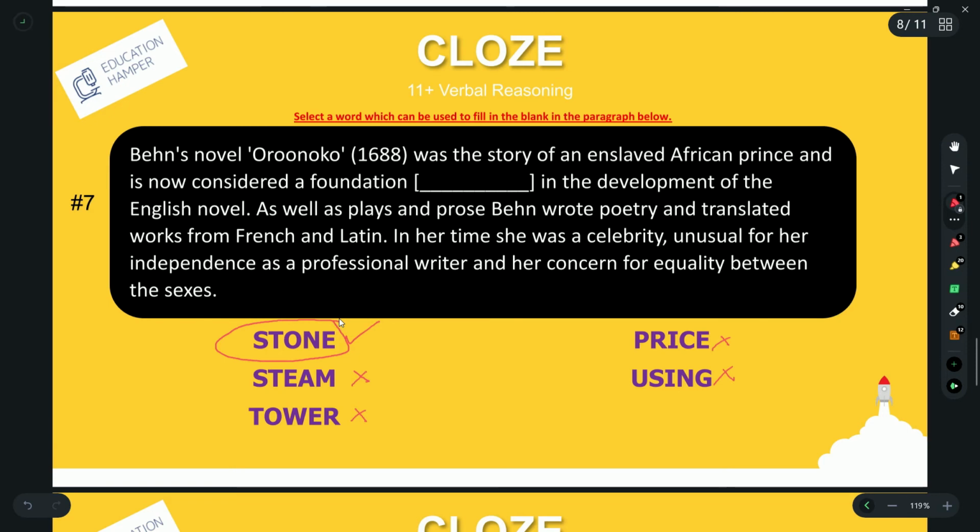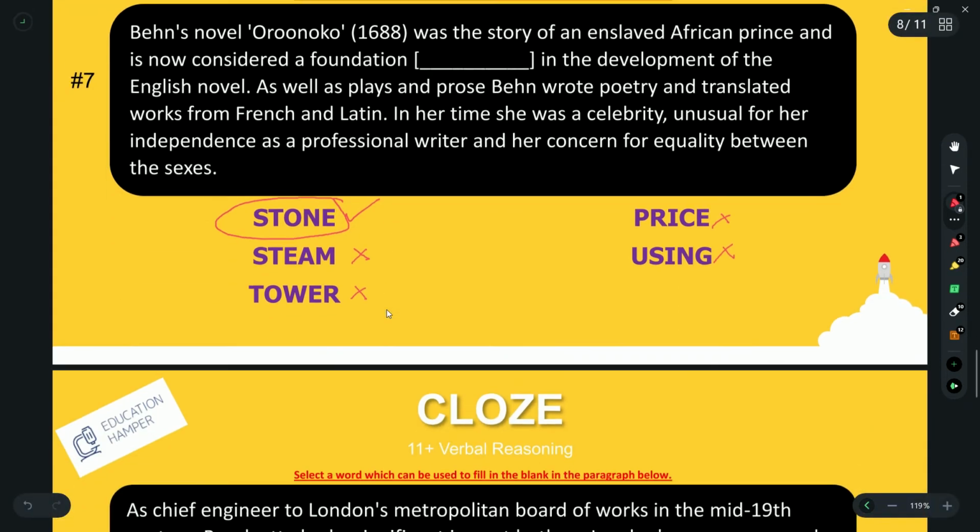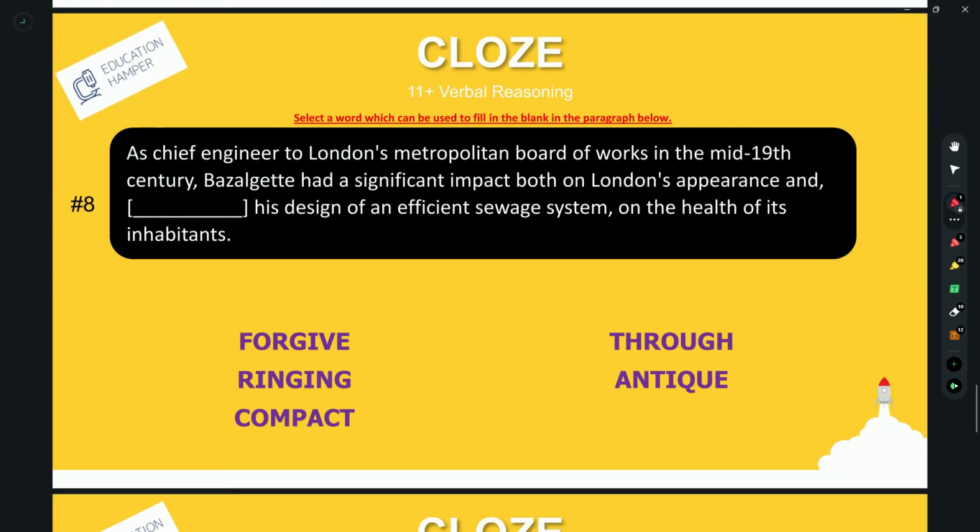Question 8. As chief engineer to London's Metropolitan Board of Works in the mid-19th century, Bazalgette had a significant impact both on London's appearance and, space his design of an efficient sewage system, on the health of its inhabitants.